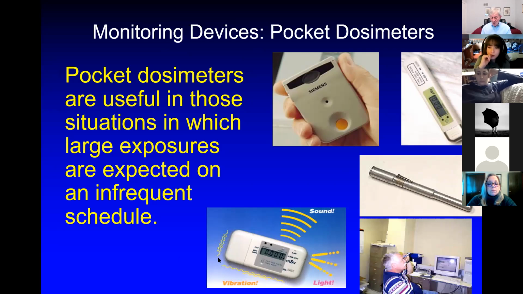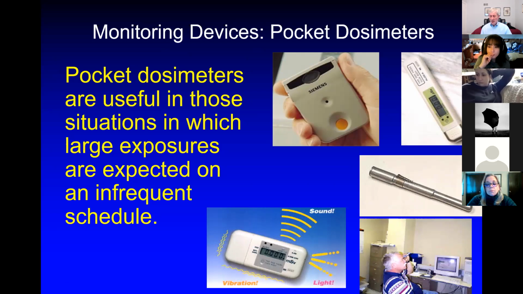Now, these devices can vibrate. They can emit sound. They can emit light. And all the modern ones, these three here, all have digital readings. In the good old days, going back 15 years or earlier, this is what a pocket dosimeter looked like. You can see the guy here on the bottom. He is looking through one end of the dosimeter, and there's a little grid there.